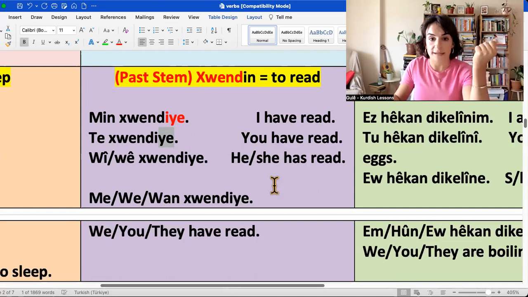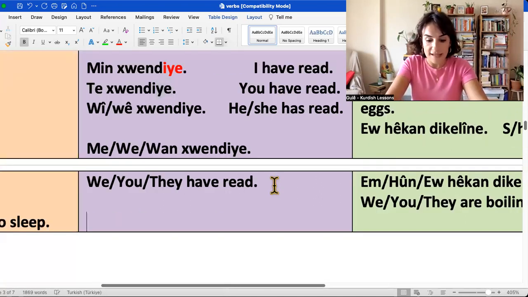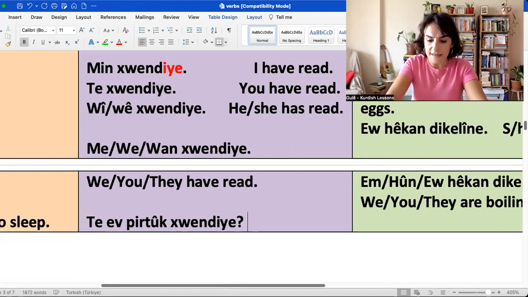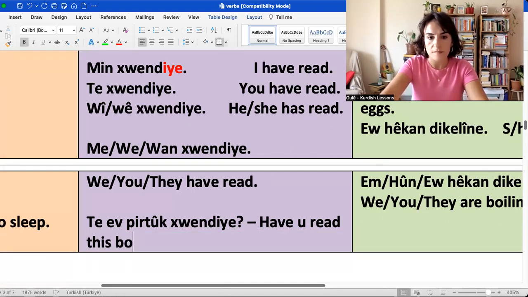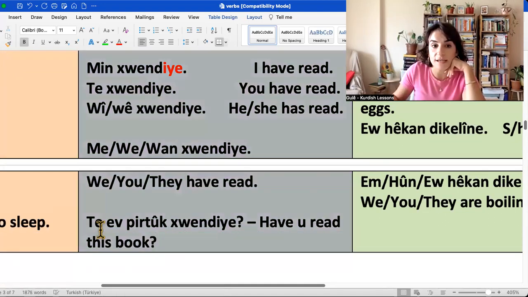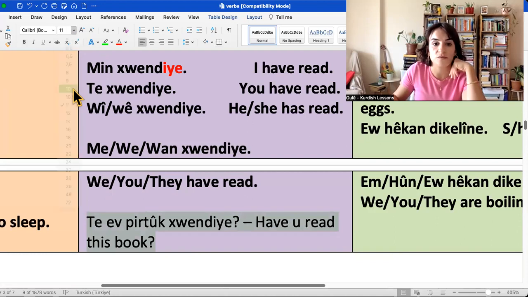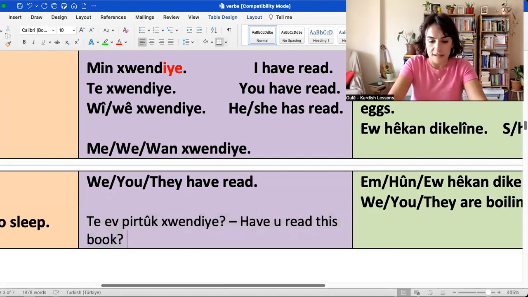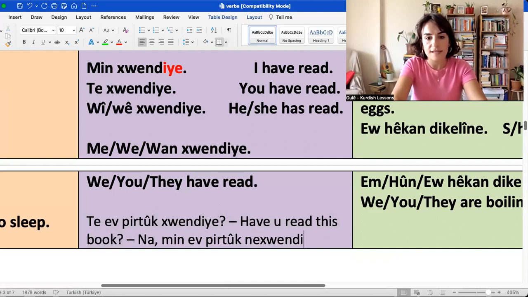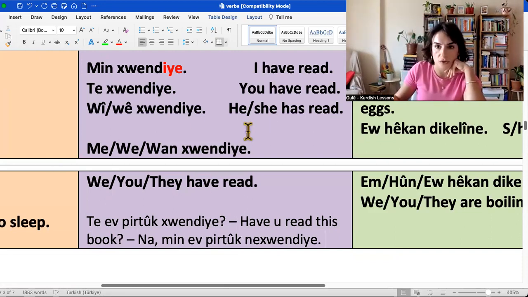So if I say تأفرتوك خوندية, have you read this book? أري من أفكرتوك خوندية. Yes, I have read this book. Na من أفكرتوك نخوندية. No, I haven't read this book. So خوندي, and it's perfect.